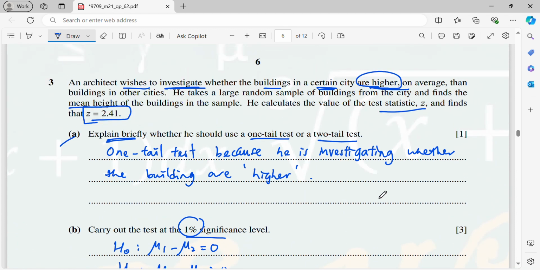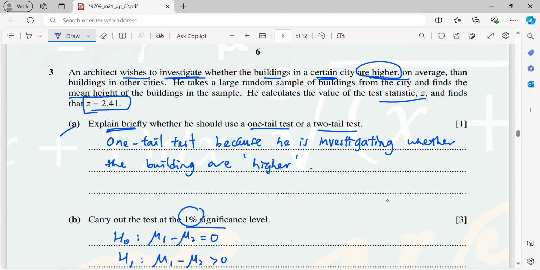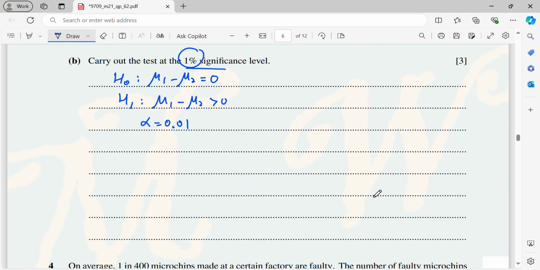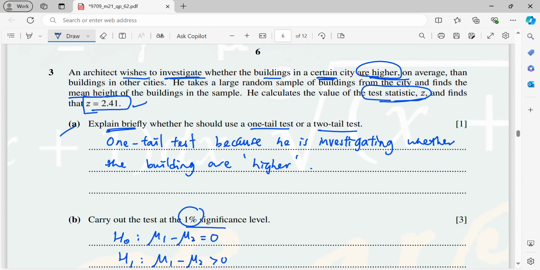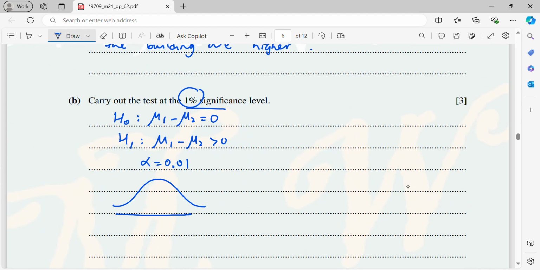Now, it's mentioned that he has calculated the test statistic, that is 2.41. So now here, I need to draw the graph to decide. Here it is a z-test because of the large sample, right? So I will refer to the normal table to create the region.